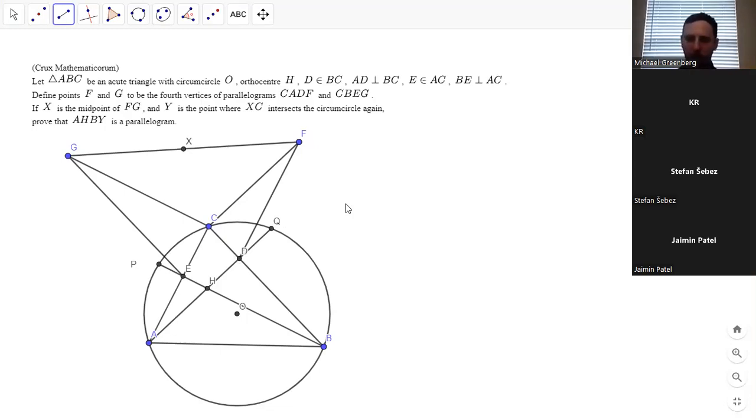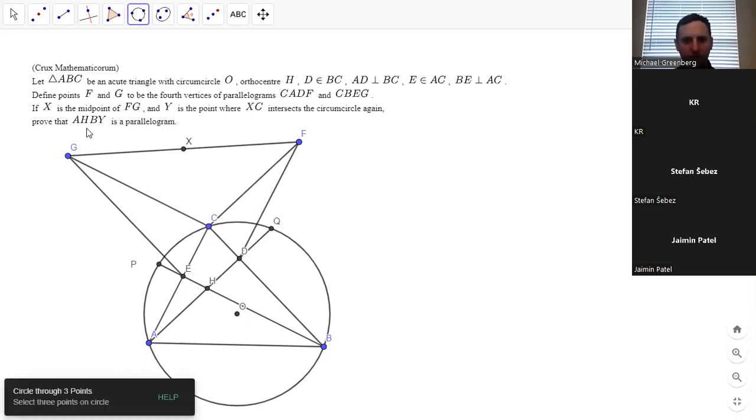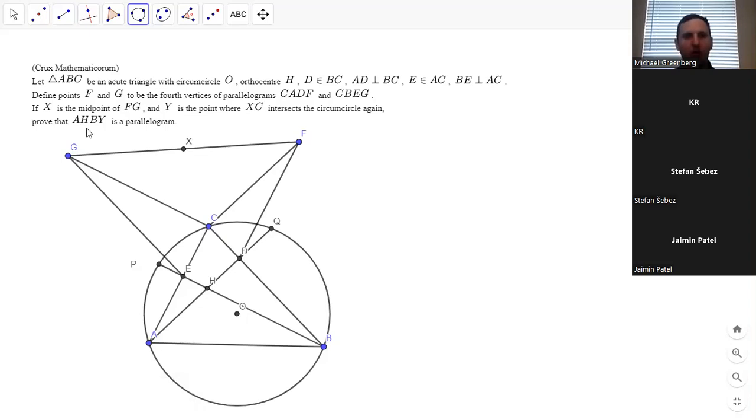So we take points F and G such that CF is perpendicular to BC and the other is also perpendicular. But there is also another condition that BC times CF is equal to AC times CG.